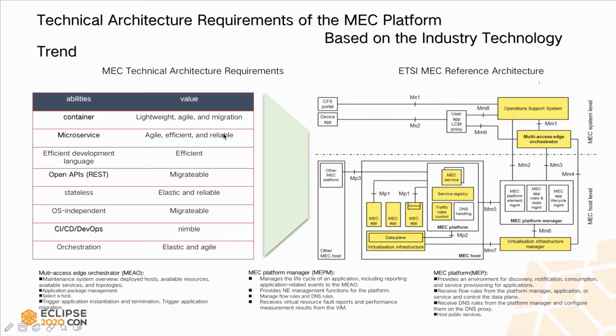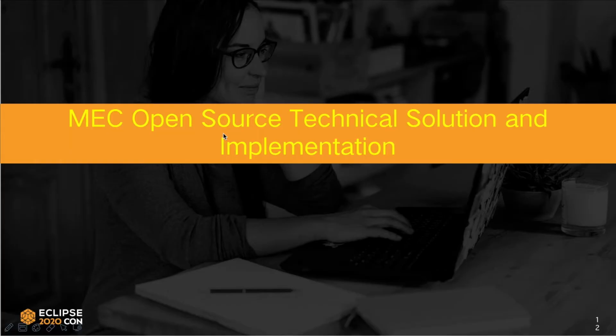The last part is MEC, the MEC platform, which is in short MEP. It provides an environment for service or application discovery, notification, consumption, and it also receives flow rules and DNS rules from MEPM.